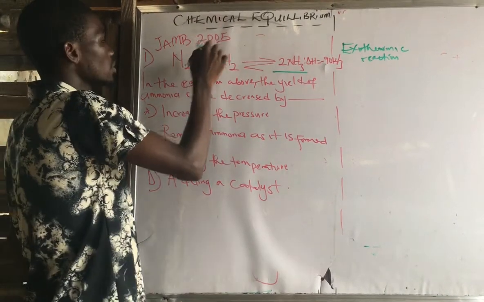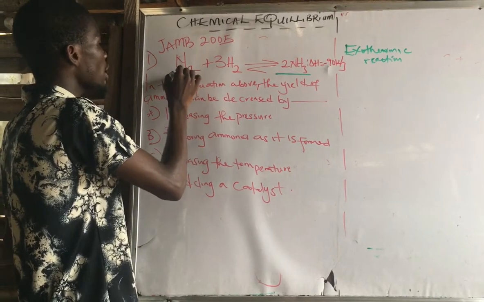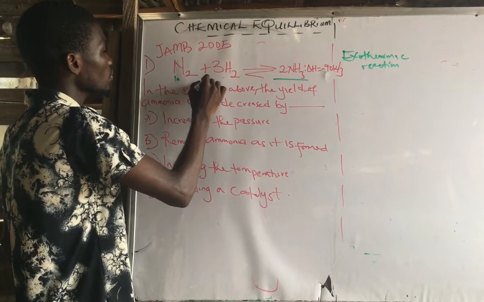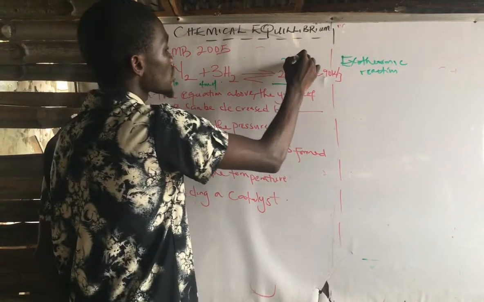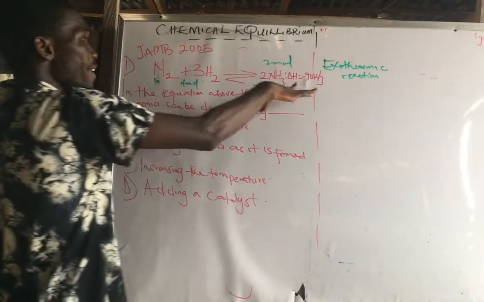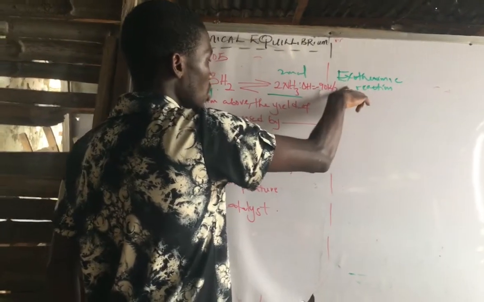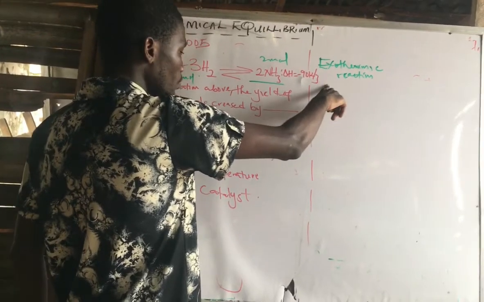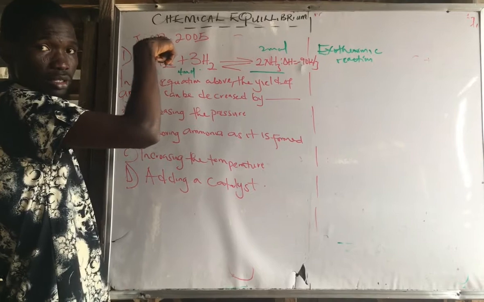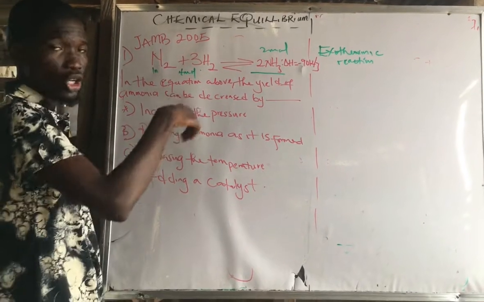Here we have 1 mole, here we have 3, so this one is 4 moles, and here I have 2 moles. So now let's take it one after the other. The effect of temperature on this shows that there is a decrease in temperature. Now, what is the effect of pressure on this?